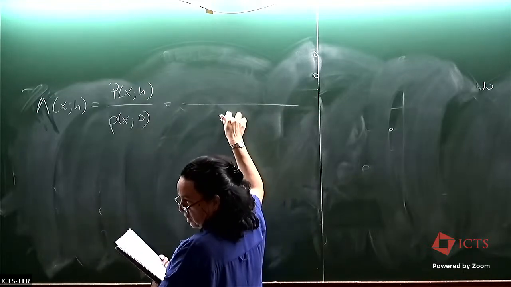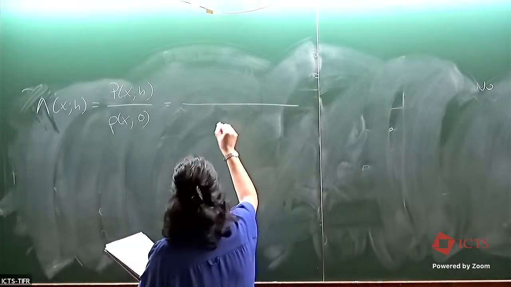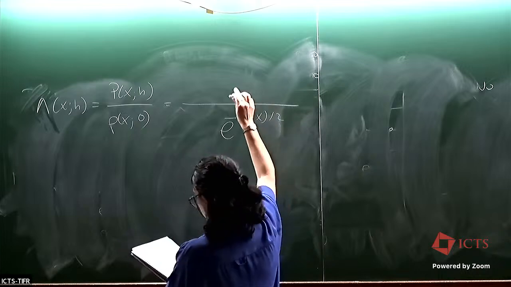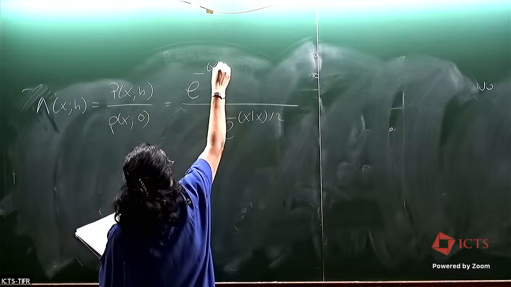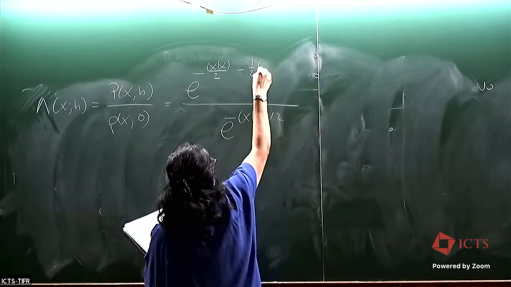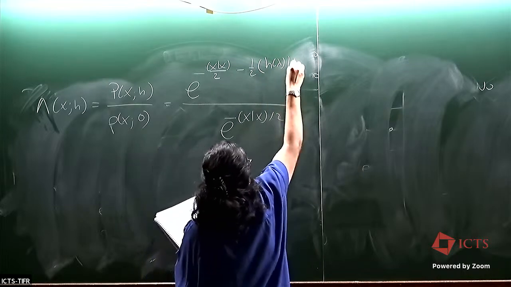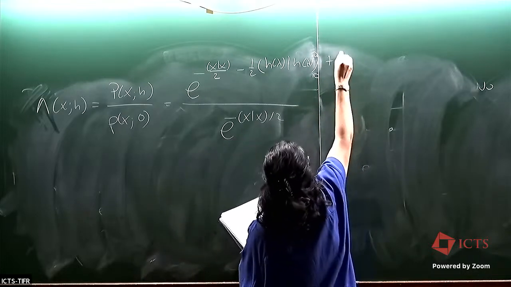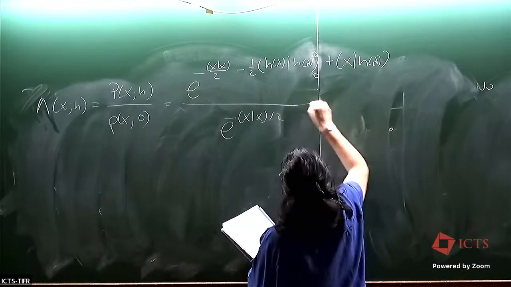In this case, when my data is just noise, I can just rewrite it as x with x divided by 2, and this was x with x divided by 2 minus 1/2 h lambda plus x with h lambda.